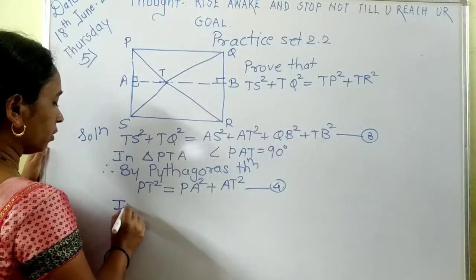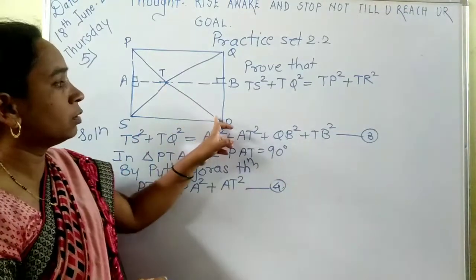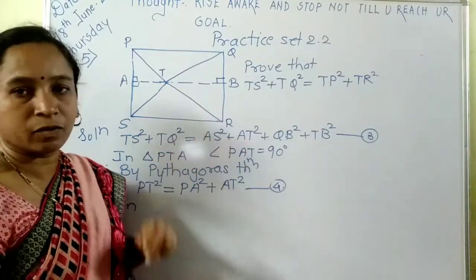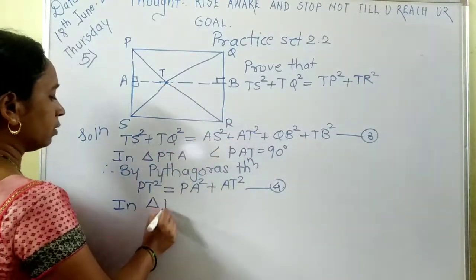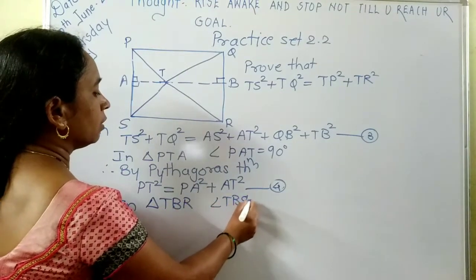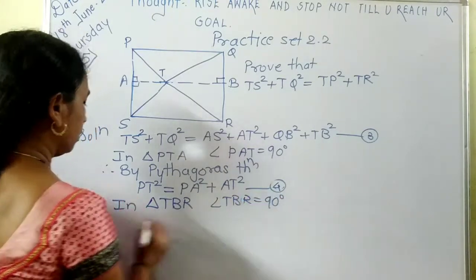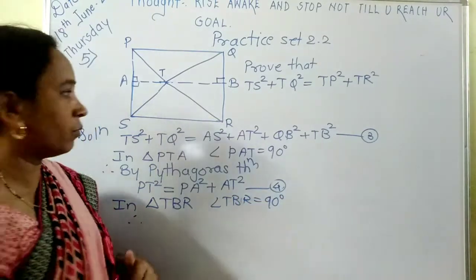Another triangle: for TR square I have to go to triangle TBR. In triangle TBR, angle TBR is equal to 90 degrees. Therefore, by Pythagoras theorem, what will I get?